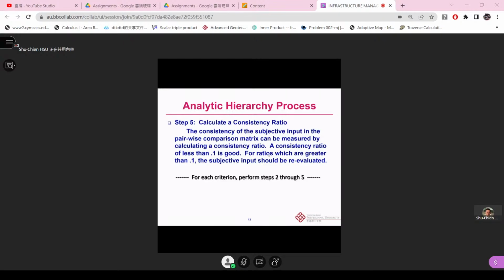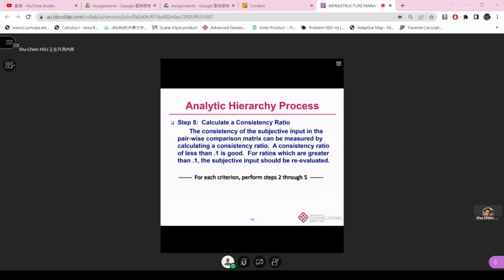This is how we calculate the consistency ratio, because some preferences between different alternatives are unreasonable, so we need to identify that.